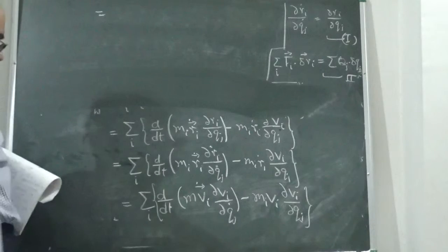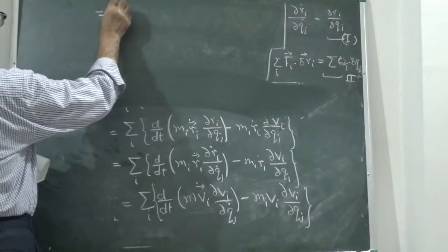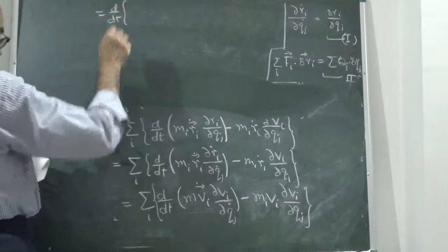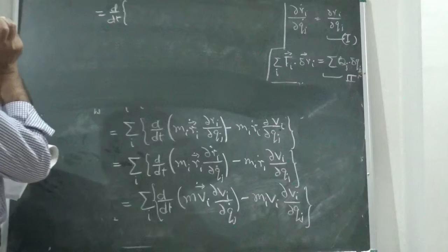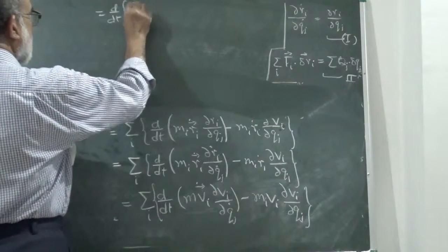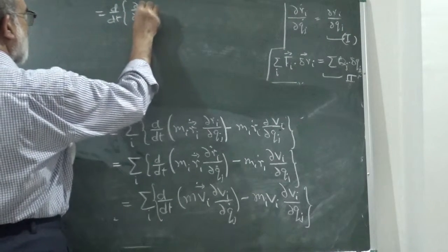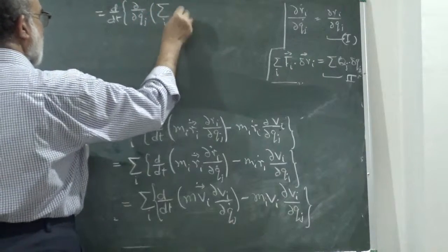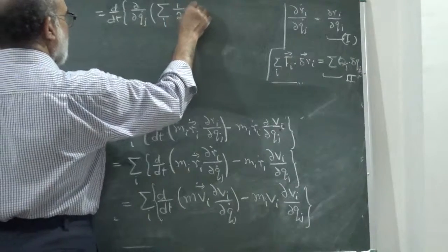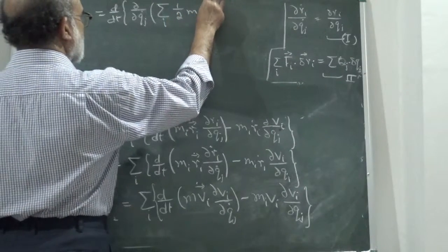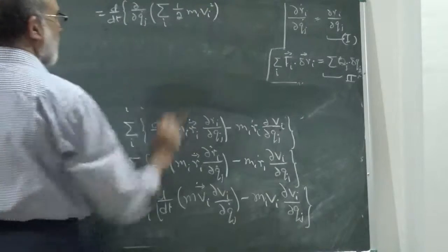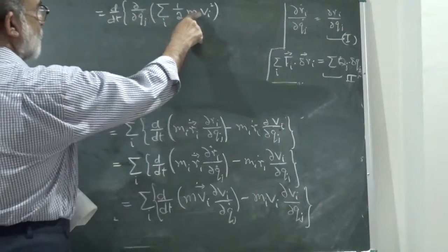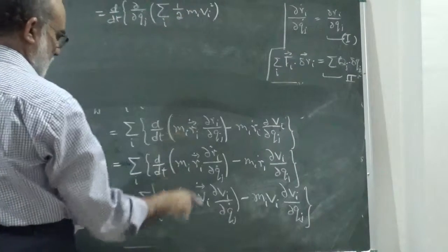Okay. D by dt delta by delta qj dot. Take the summation inside. Let's take half Mi vi square. If you take the differentiation of this, you will get the same thing, 2 vi dvi by dqj dot.